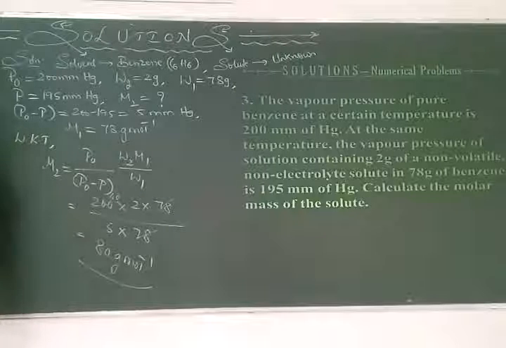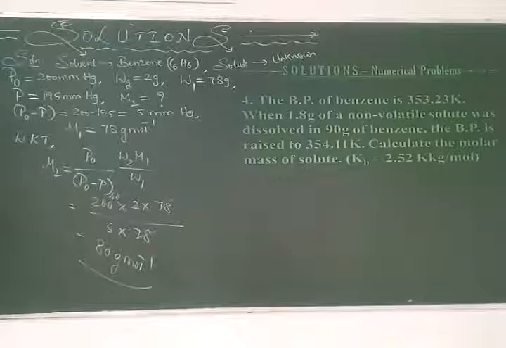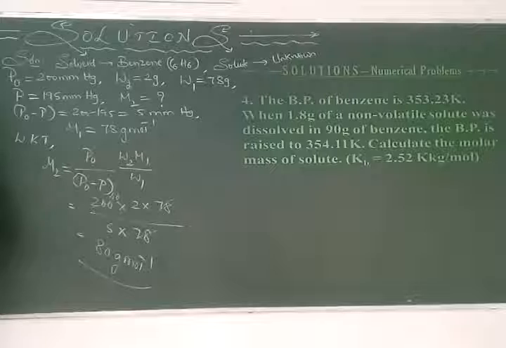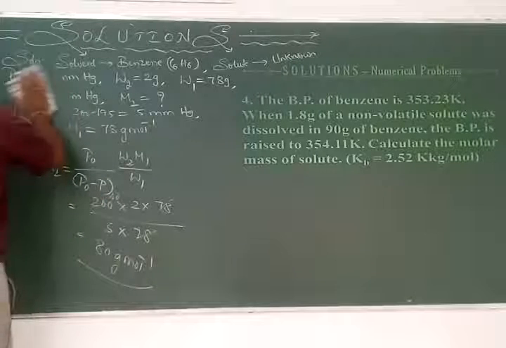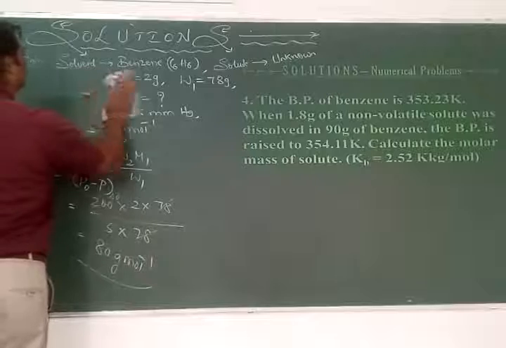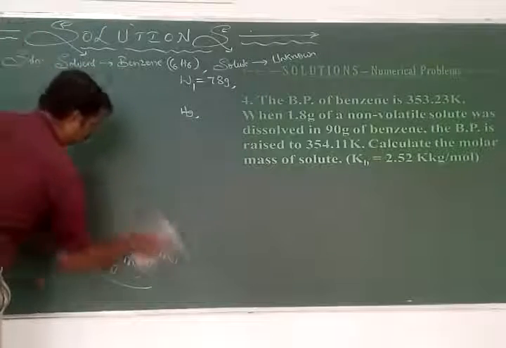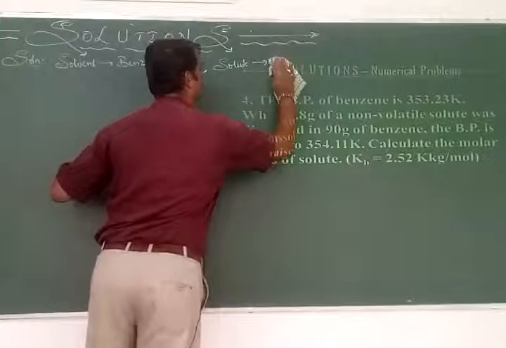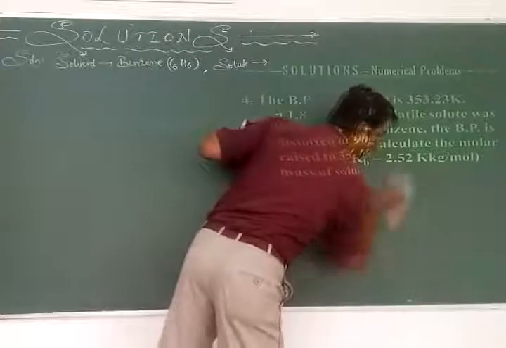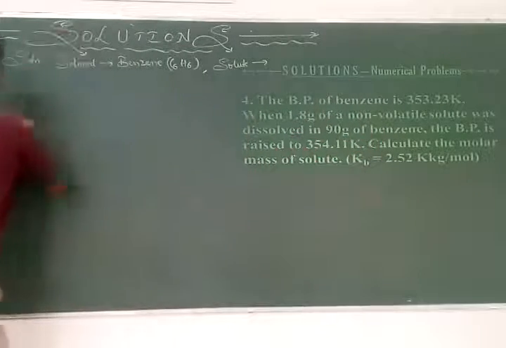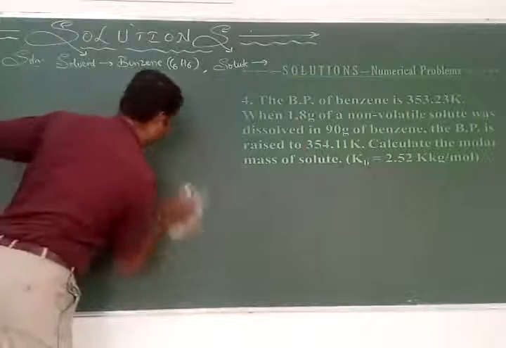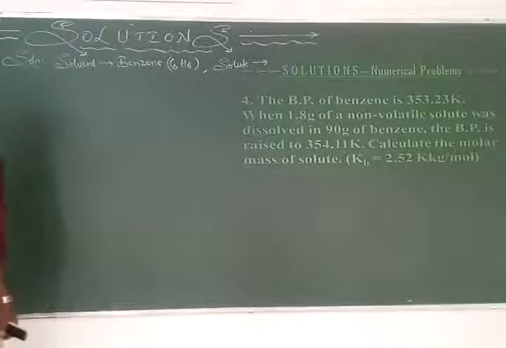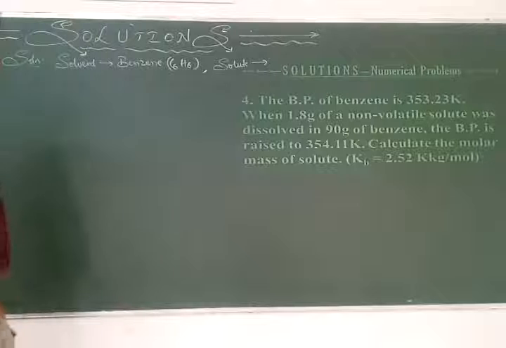So let's have the fourth now. The boiling point of benzene is found to be 353.23 Kelvin.